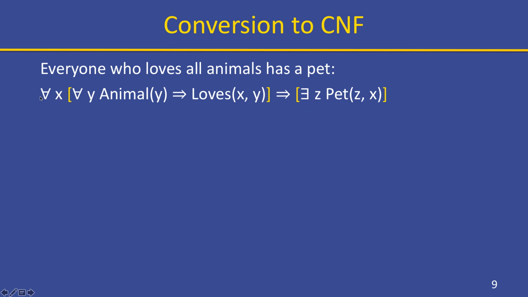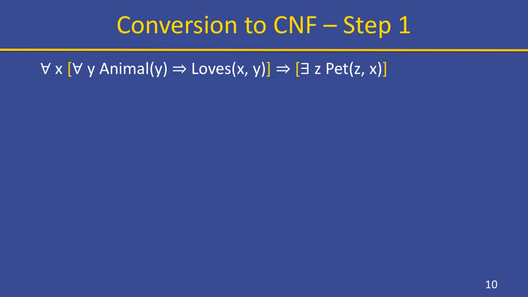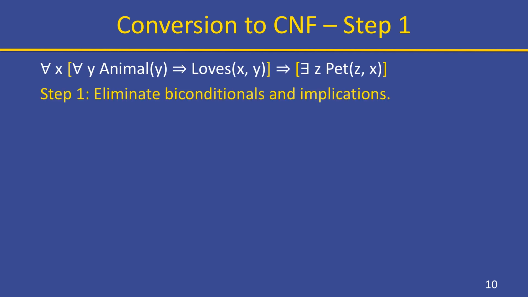And the scope of the universal quantifier for all x here is actually the whole sentence because we have an x here. All right, so how do we convert this sentence to CNF? Step 1 tells us we have to eliminate biconditionals and implications.